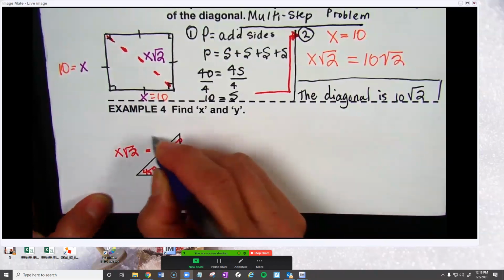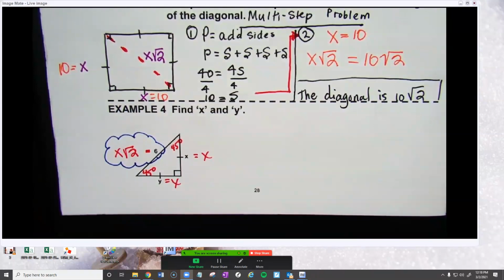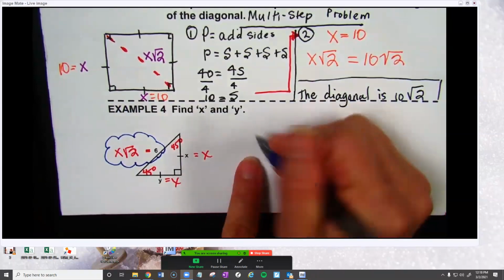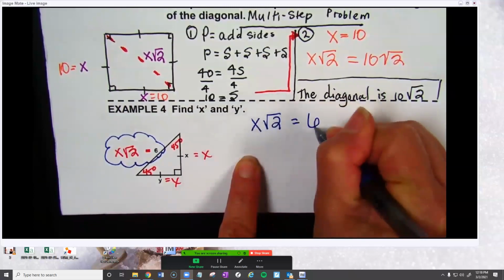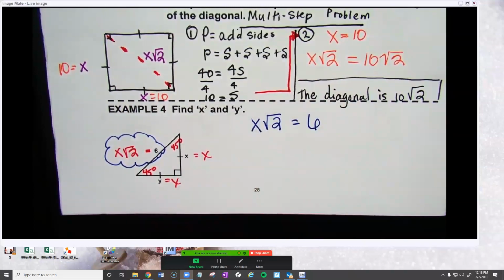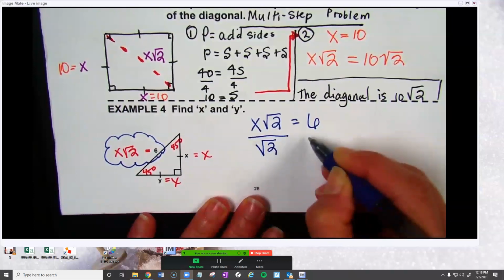All right, I've got myself an equation. It is time for me to solve. So X root 2 equals 6. And we're solving for the letter X, but the root 2's by it, so that's what I divide by.